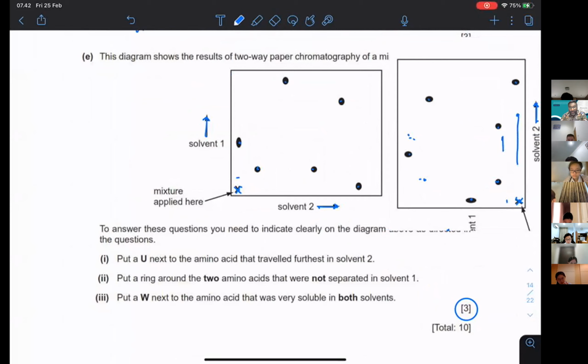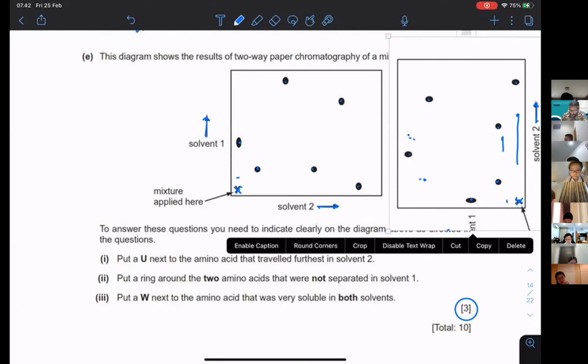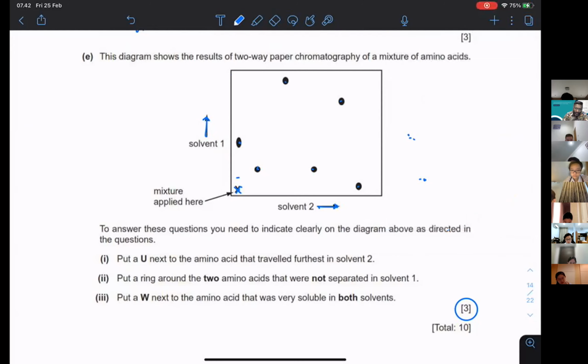Just to avoid confusion, I delete this first. Now, they say put U next to the amino acid that travels furthest in solvent 2. Solvent 2 means they must go this way. The one that travels furthest, if you just look at the movement to the right, is this one. That is U.